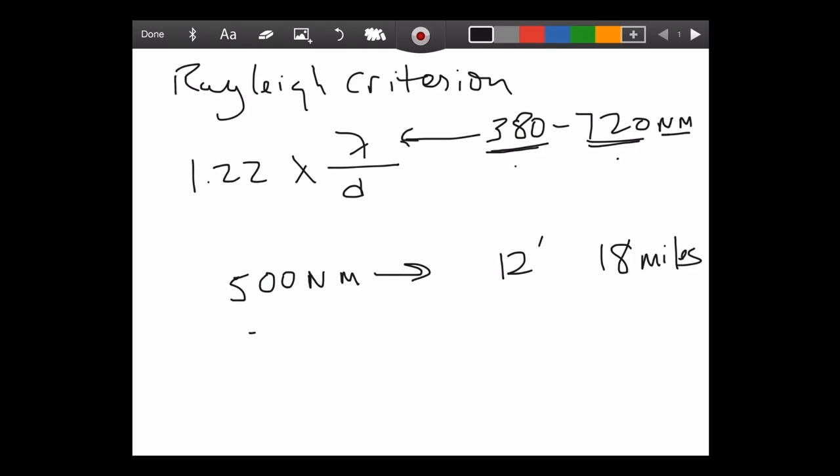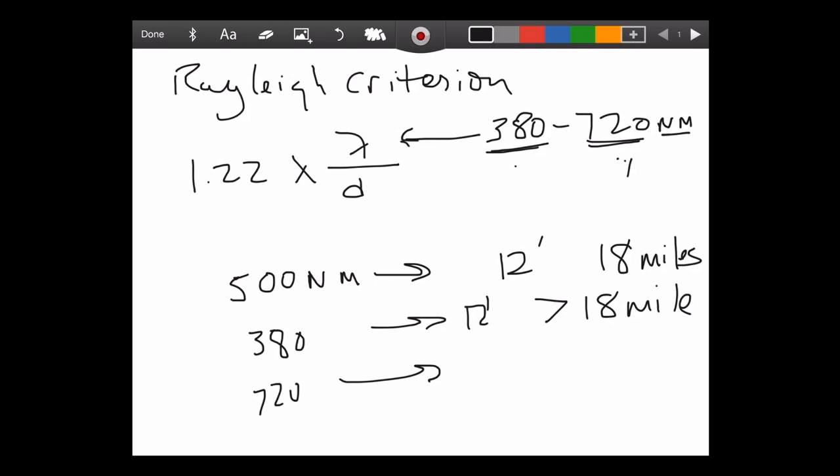If we used 380 nanometers, this critical angle would end up being smaller, and as a result, we could see that 12-foot object at greater than 18 miles. Likewise, if we used 720, we would see it at less than 18 miles.